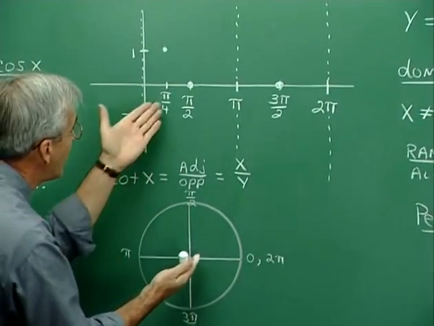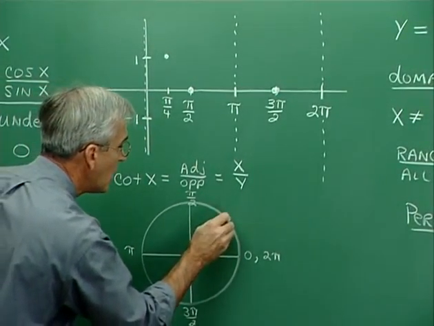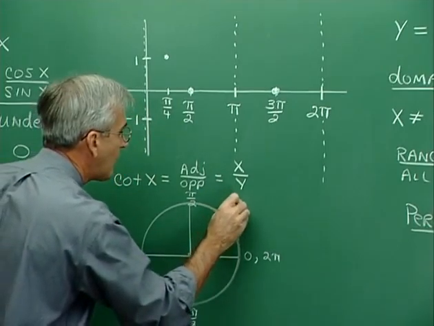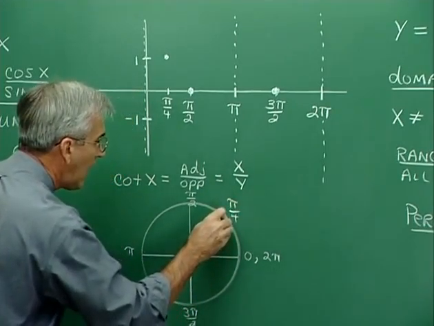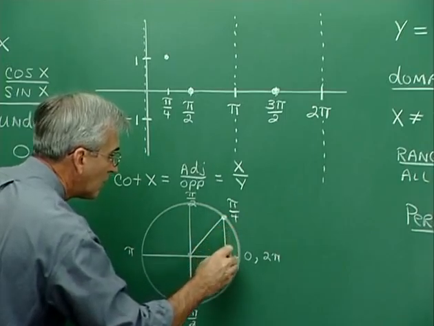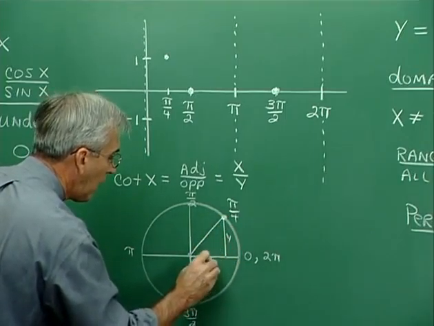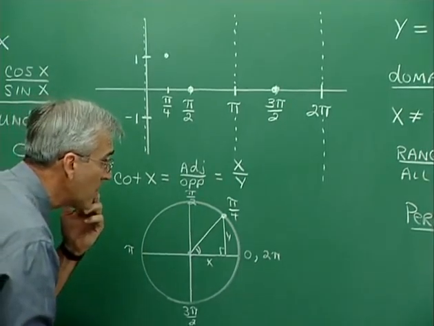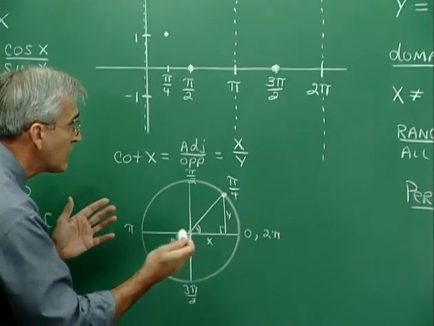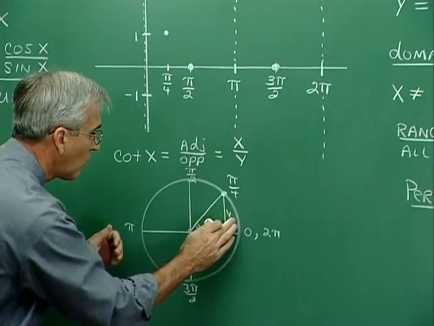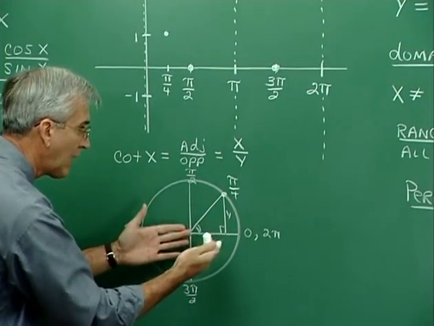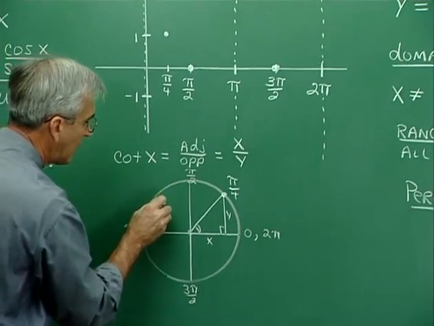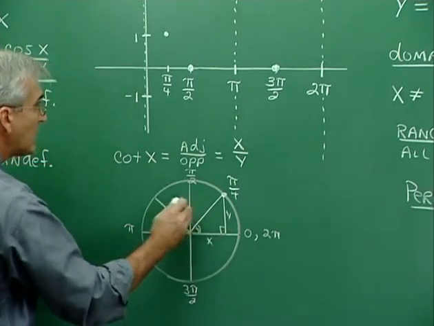Somewhere along this unit circle we have a spot that's pi over 4, and there we know that the x and y distances are the same. For cotangent, it is x over y, but they're the same, and therefore we have positive 1.